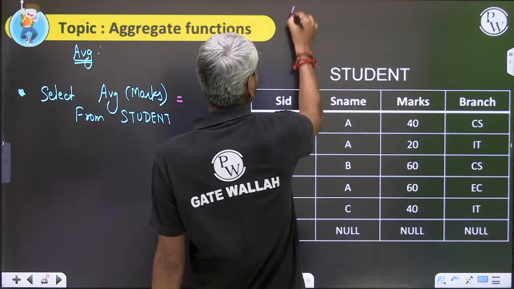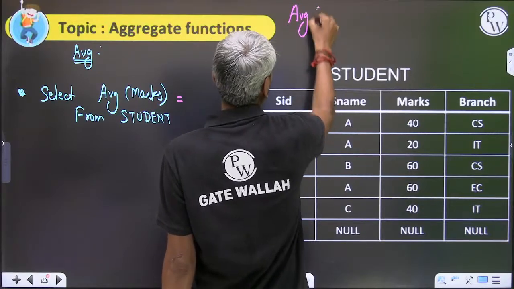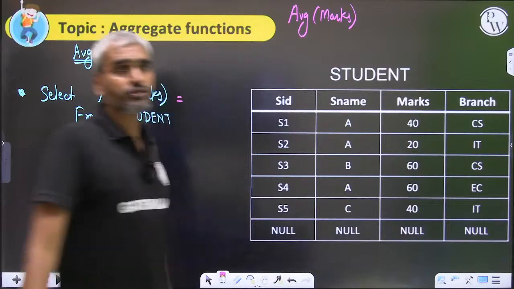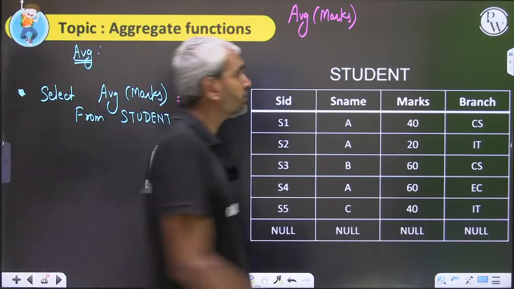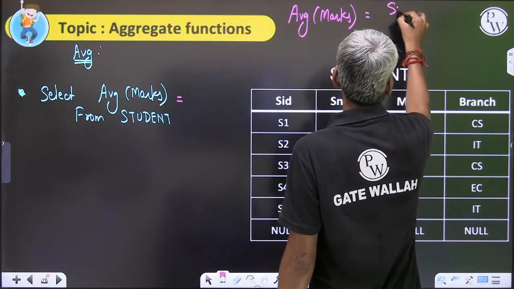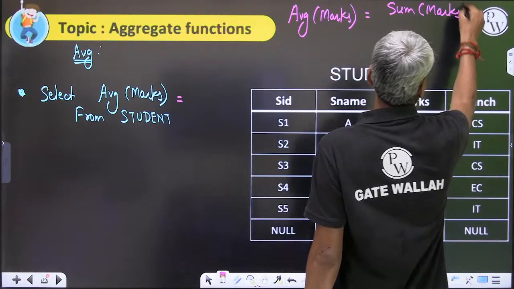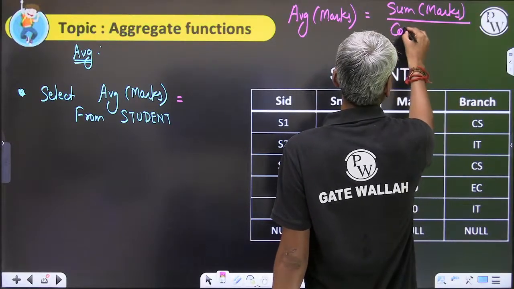If I say average of marks, how do we calculate the average of something? We calculate it as summation divided by count. So it will be the summation of marks divided by the count of marks.